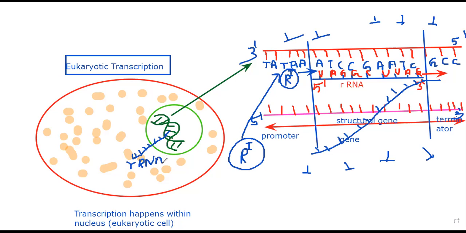Okay, now the same thing can happen for the tRNA also. tRNA can also be made in a similar way, but for tRNA the enzyme changes to RNA polymerase 3. Okay, separate enzymes. But there is a twist for making messenger RNA. In case of eukaryotic transcription, messenger RNA cannot be made directly.